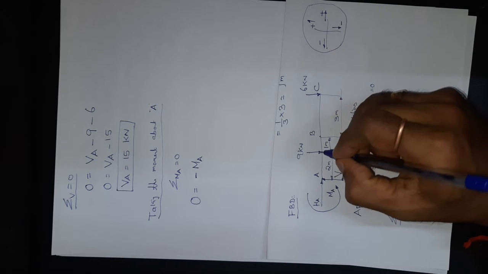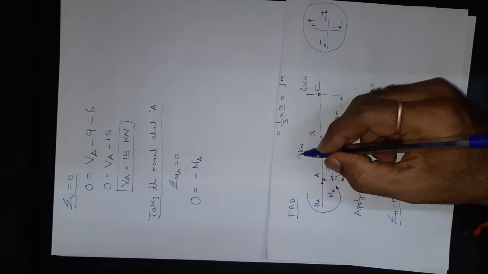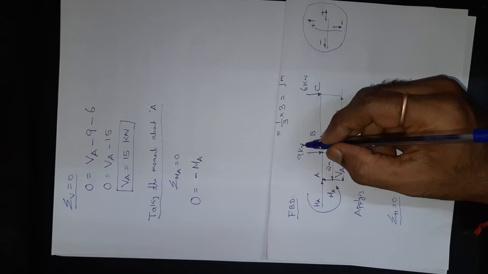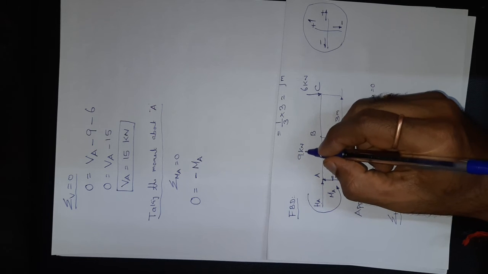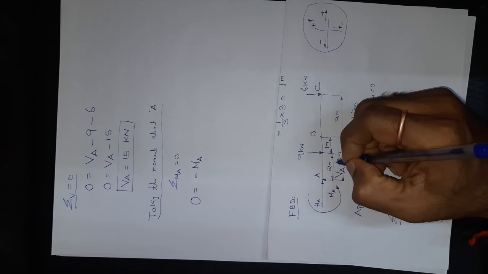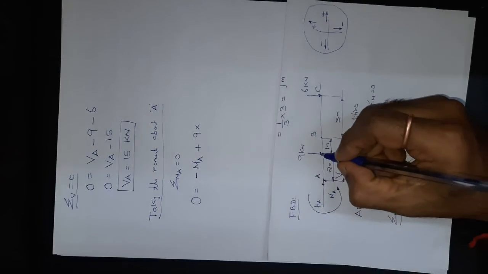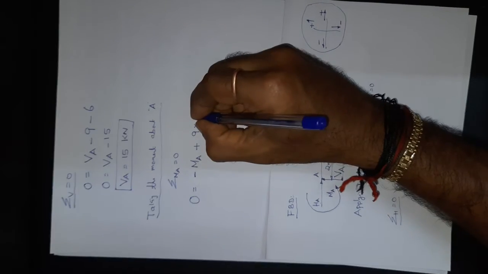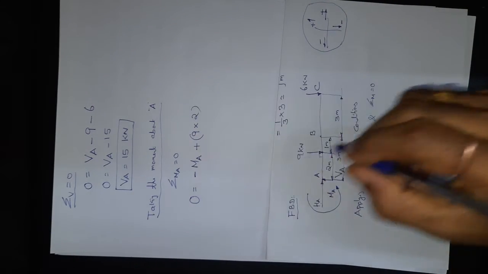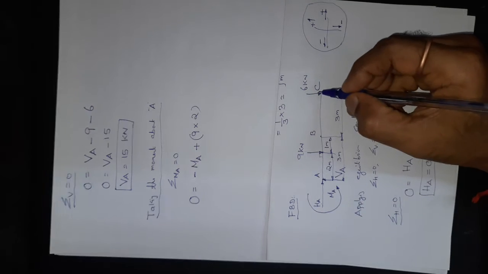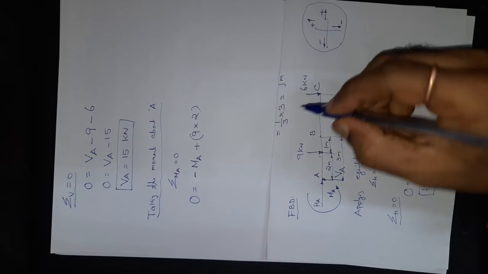Let me move to this point where a force of 9 kilonewton magnitude is acting vertically downwards. It tends to rotate the object in the clockwise direction, which will carry a positive sign. So the force into its perpendicular distance from the origin, which is 2 meter. Got it? And look at C, a force acting vertically downwards.